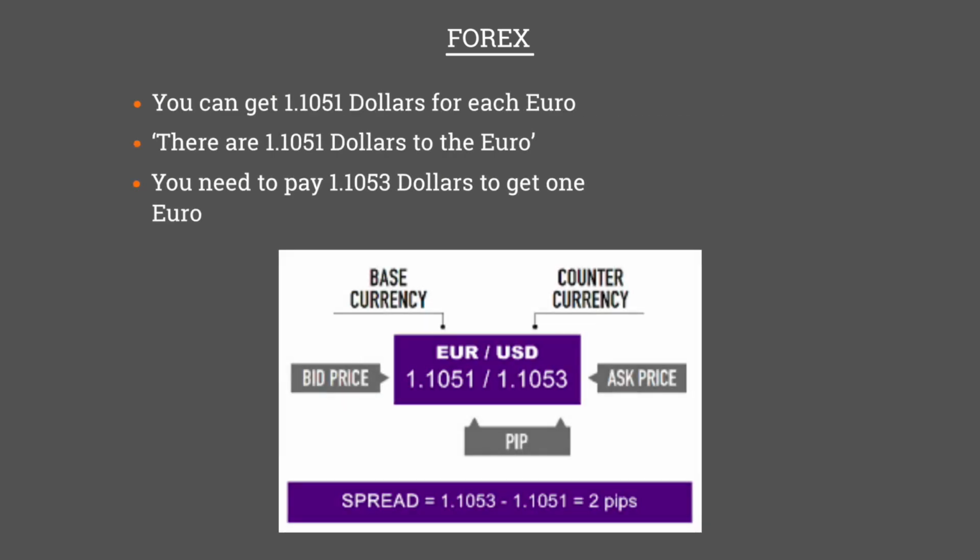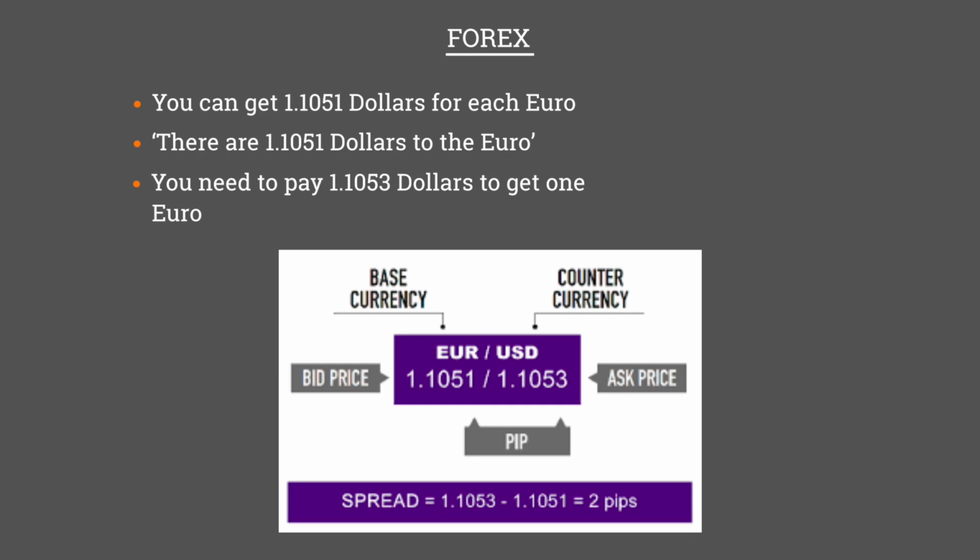So we can see from this diagram that you can get $1.1051 for each euro. So here we are talking about a decimal number, 1.1051. So remember, after the decimal point, we say each number separately.